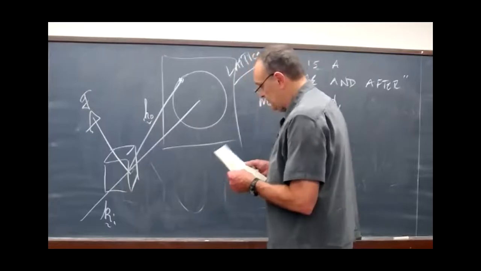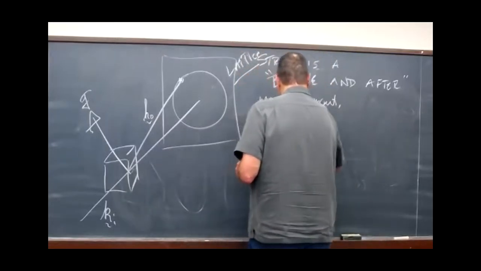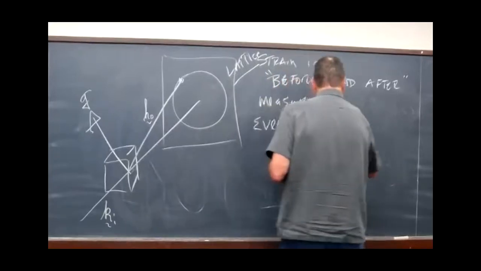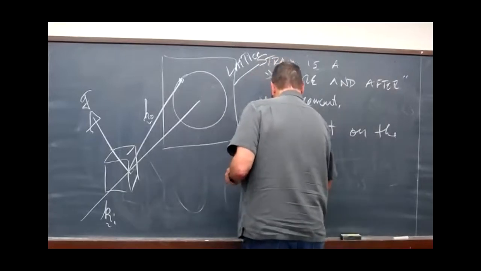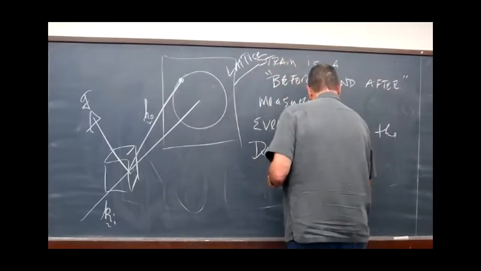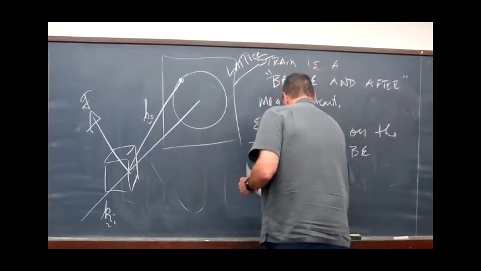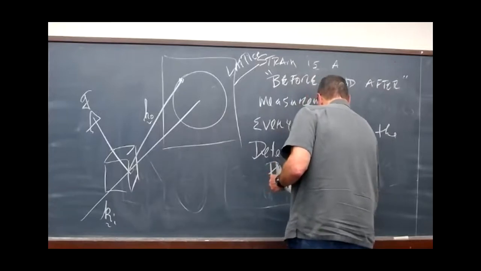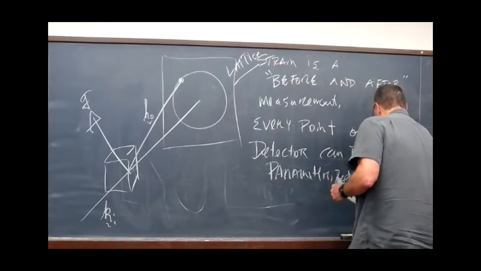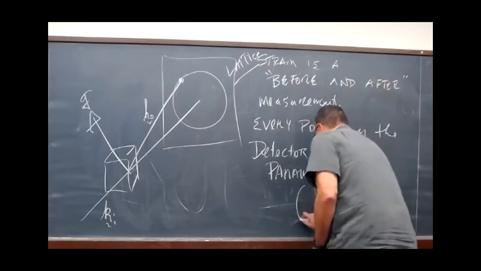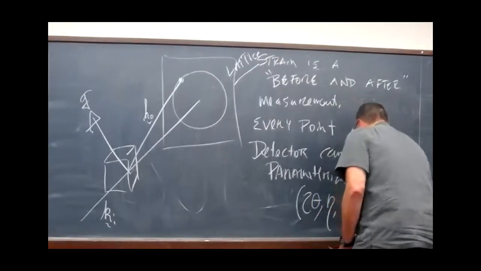And so remind ourselves that every point on the detector can be parameterized with 2 theta, eta, and omega.